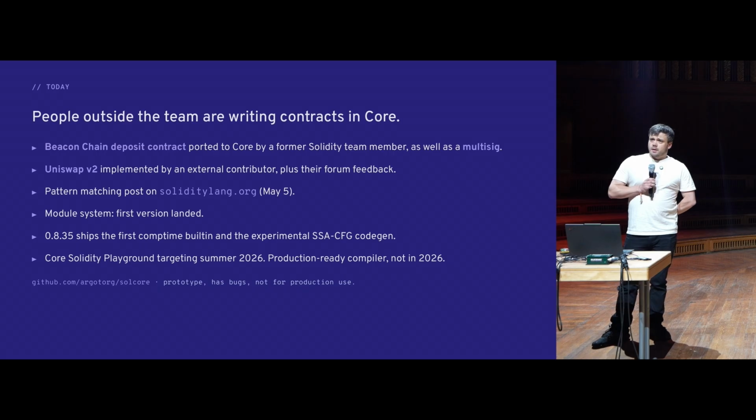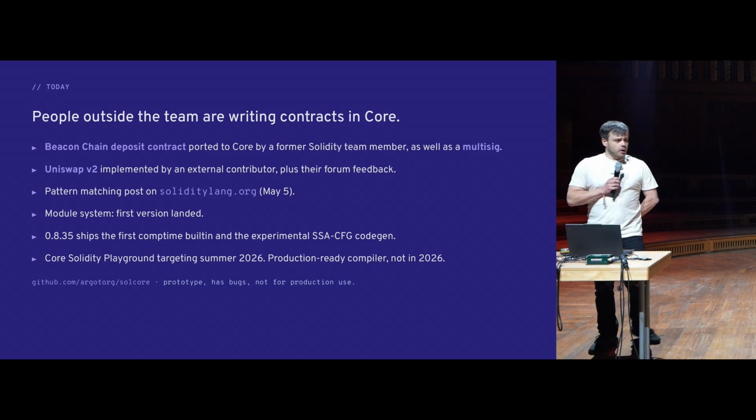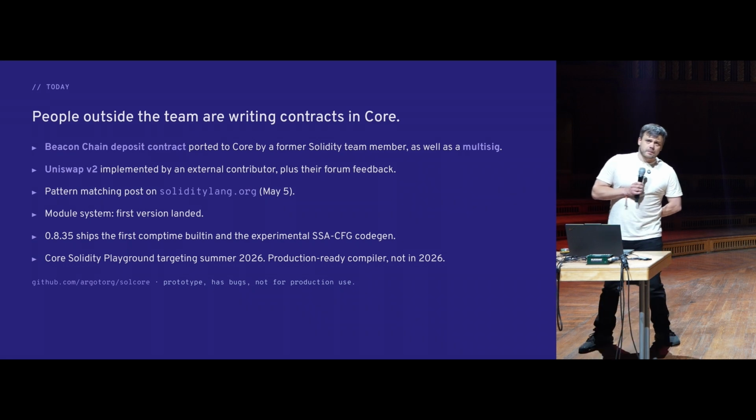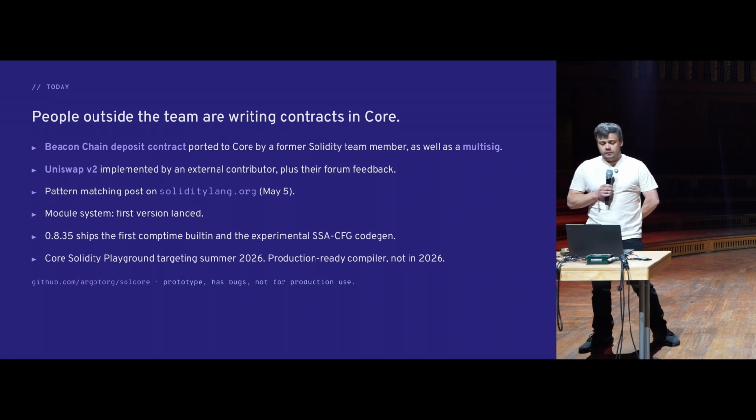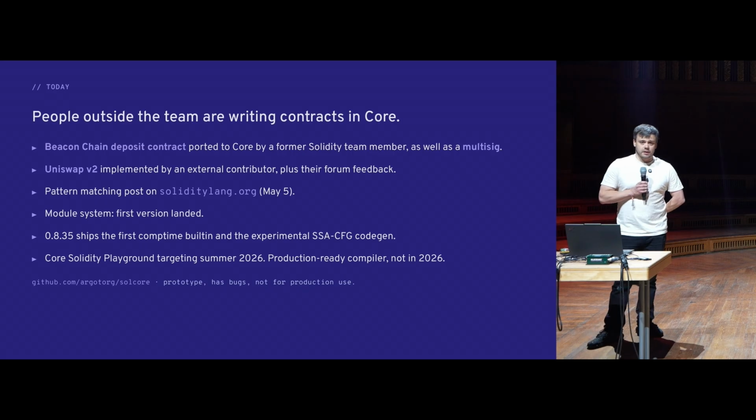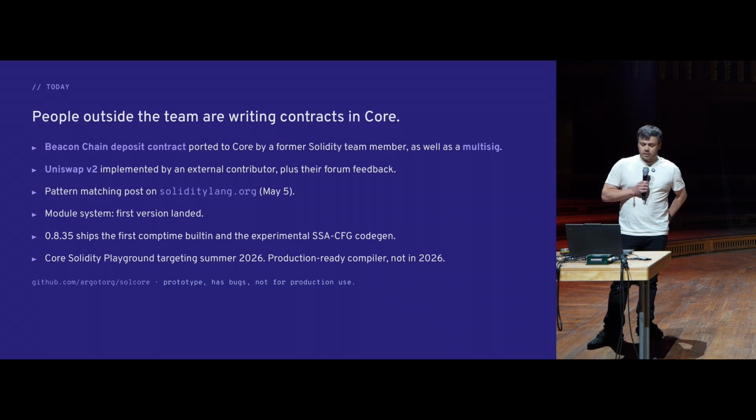Then last week we had an external contributor also writing a Uniswap v2 pool and providing a bunch of feedback in the forum. So it's really nice to start to see that people are showing some interest and helping out with whatever they find while they try it out.